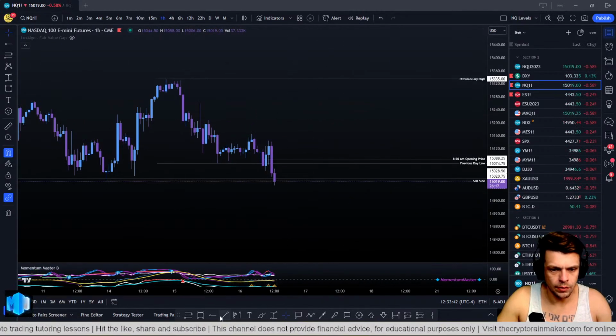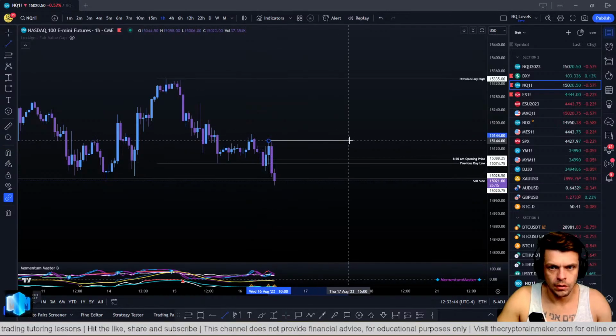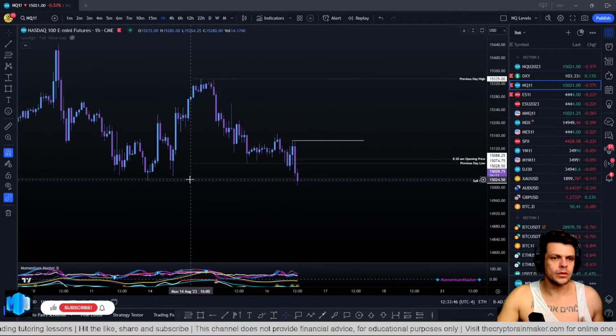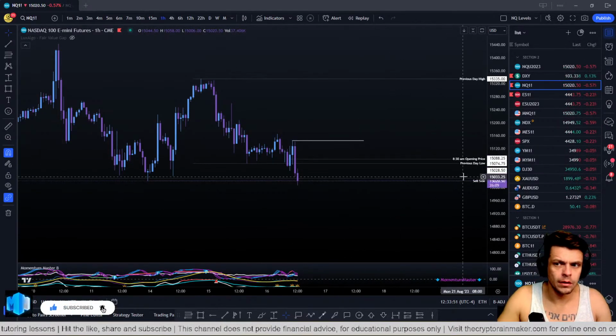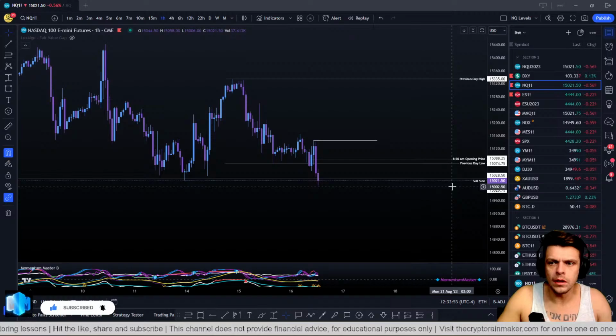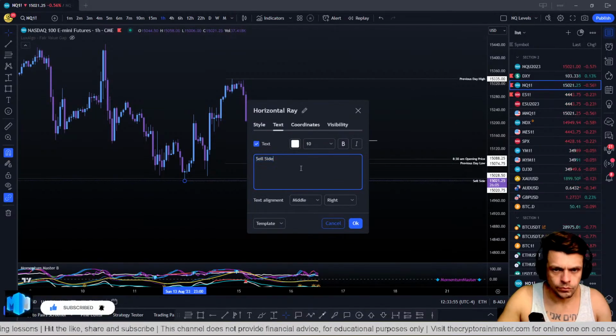And then we have to mark off these highs. Because we are below the 830 opening price, we are in a sell side liquidity pool.